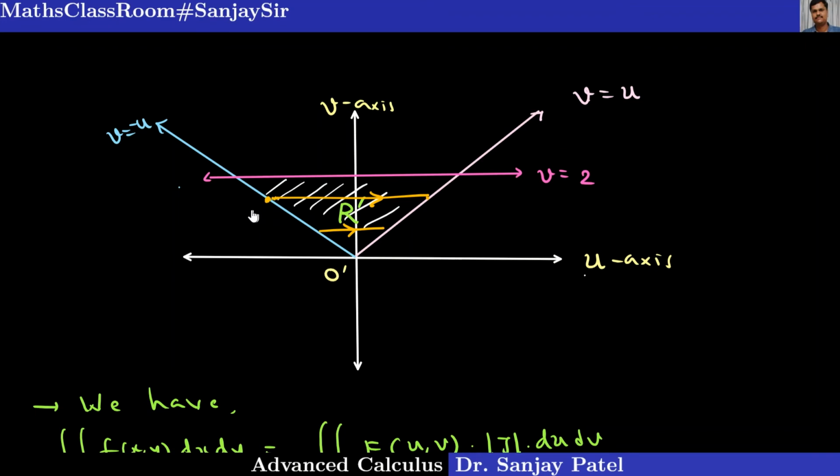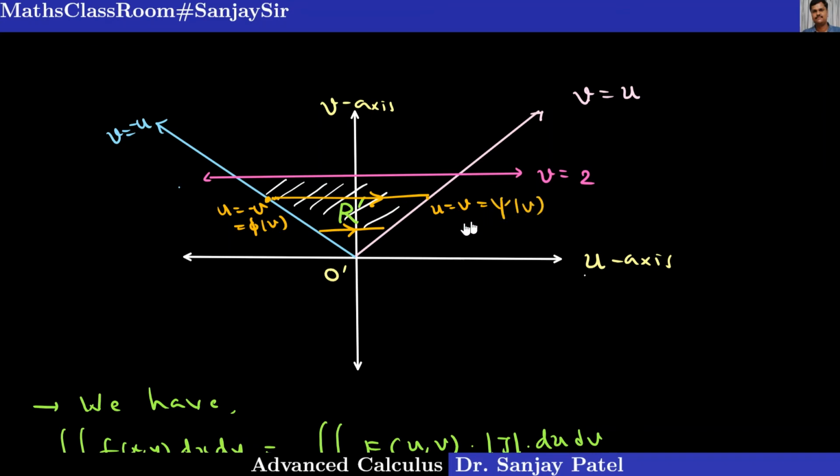I can write the equation of this as u is equal to minus v, because we are given that v is equal to minus u. So the same equation I can write as u is equal to minus v. And v is equal to u, or u is equal to v, both are same. Let me write here: u is equal to minus v, that is phi of v, and this is u is equal to v, so it is psi of v.